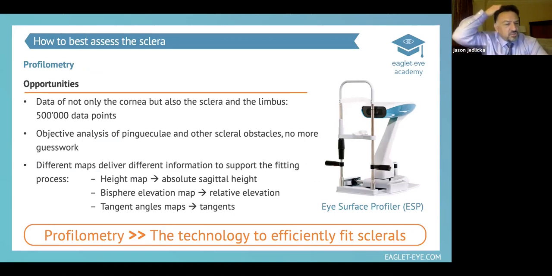You've got elevation maps, angle maps, etc. It's going to show you whether your eye is generally spherical, regularly toric, or irregular shaped, and as you move towards either diagnostically fitting a lens or empirically ordering a lens, either way, it's going to make that process much more straightforward, and you're going to be able to get patients fitted with lenses with far fewer diagnostic lenses needing to be placed on the eye.